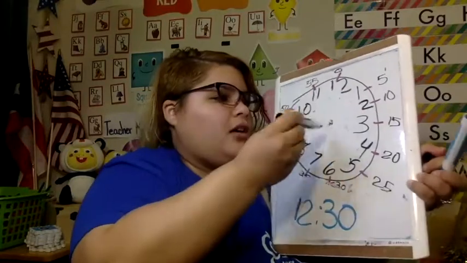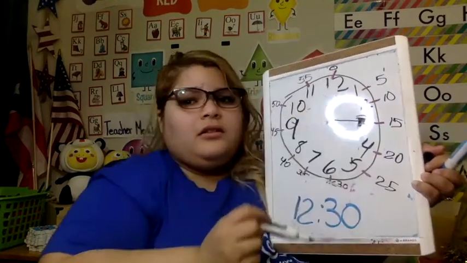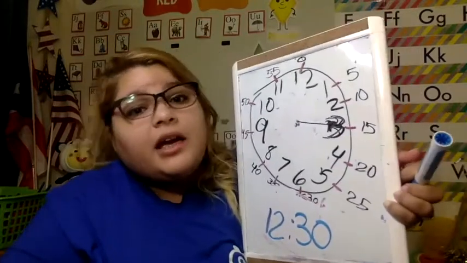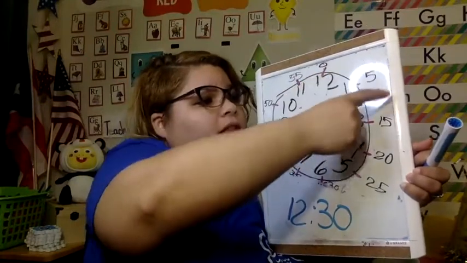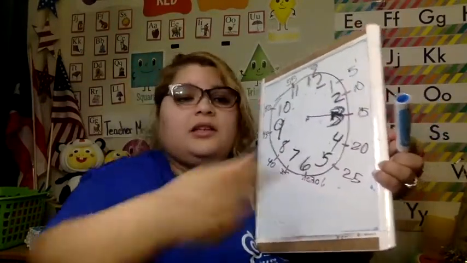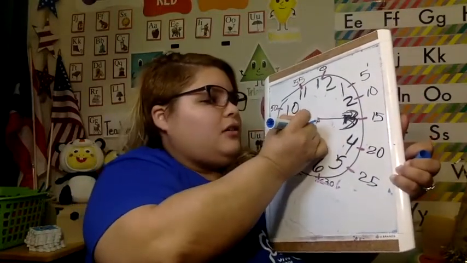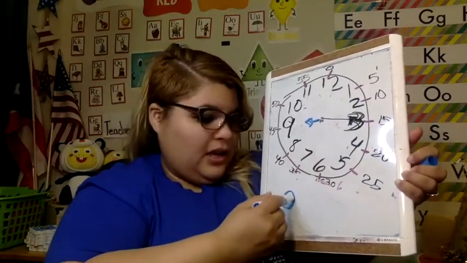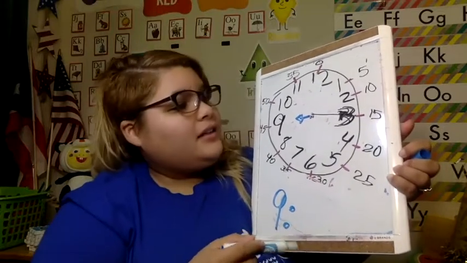Let's say the long hand is touching the number 3. Remember again, minutes are counted by fives. So we have 5, 10, 15. That means that if our small hand is pointing to the 9, that means the hour is 9 and the minutes are 15.